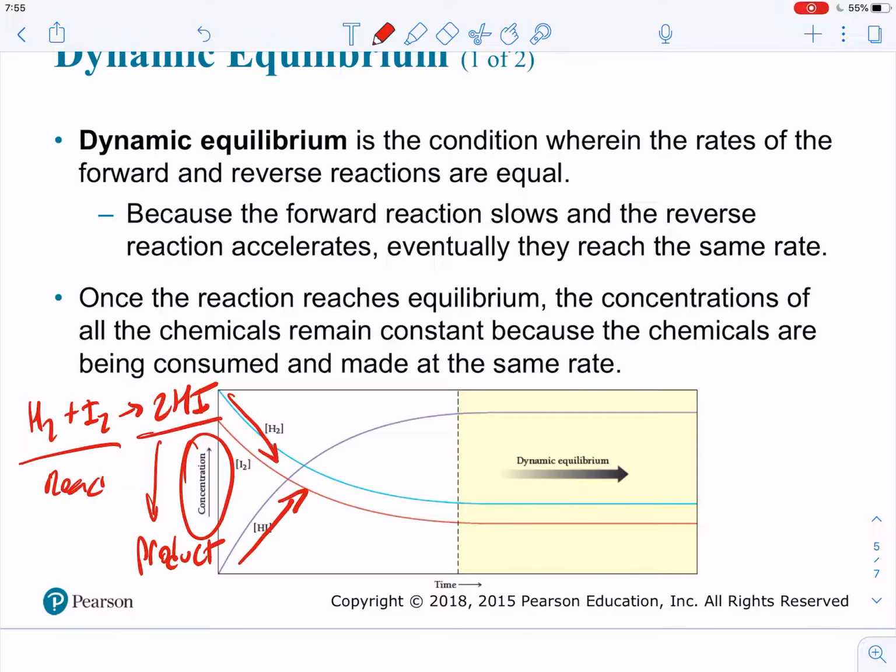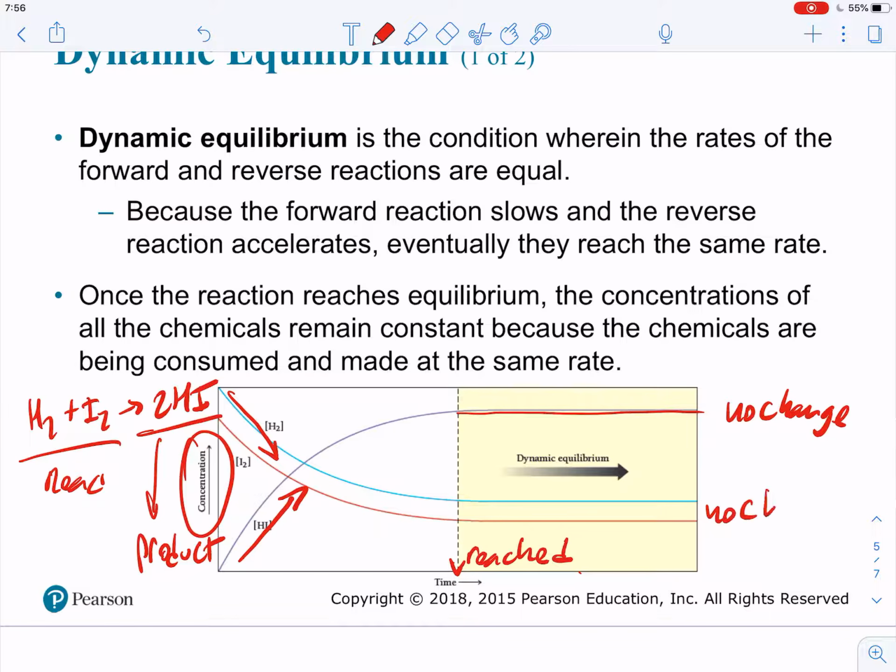Well, when you have an equilibrium reaction and you reach equilibrium, that means that the reaction will slow down at some point, and after a certain point, this is when you reached equilibrium, the concentrations stay the same. No change in the concentration of products, no change in the concentration of reactants.